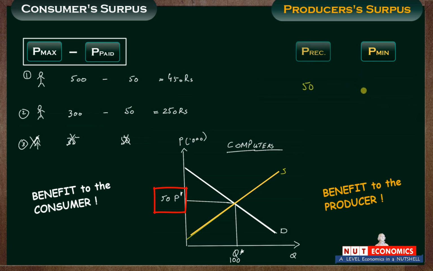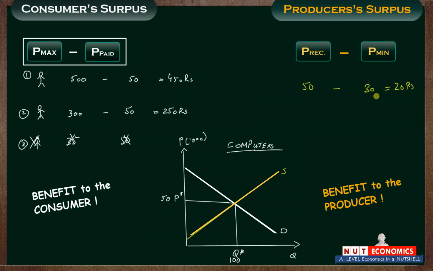So let's imagine that there is one seller whose minimum acceptable price is 30,000 for a computer. This producer will earn a total benefit of 50 minus 30, or 20. Why? Because he would have been willing to sell this even at a price of 30, but now he's actually receiving 50. So he earns a surplus of 20.